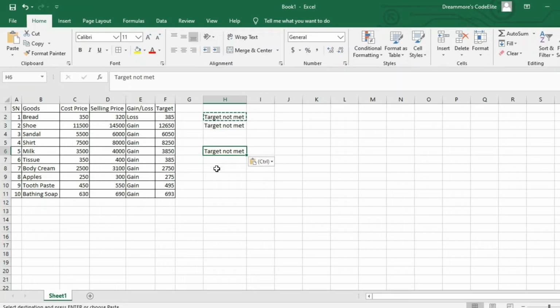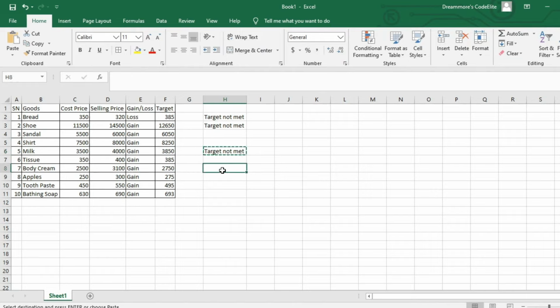The target of the body cream, it was not met because this number is lower than the selling price. Oh, sorry, it was met. So I need to delete that and copy that again.